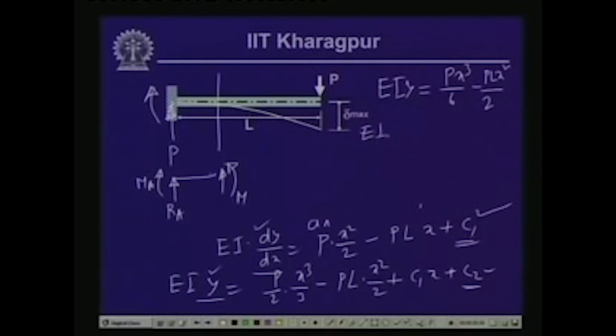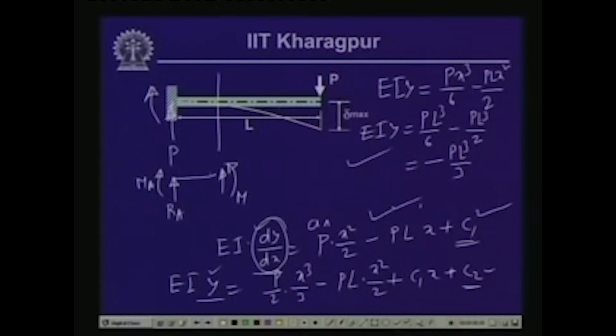So, EIy equals PL cube by 6 minus PL cube by 2. So, this gives us minus PL cube by 3. So, PL cube by 3 EI is the displacement, and we can compute the value of dy dx, substituting the value of L, we get the value of the rotation at the end.